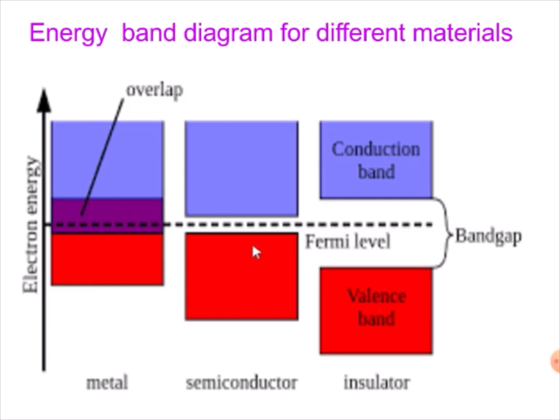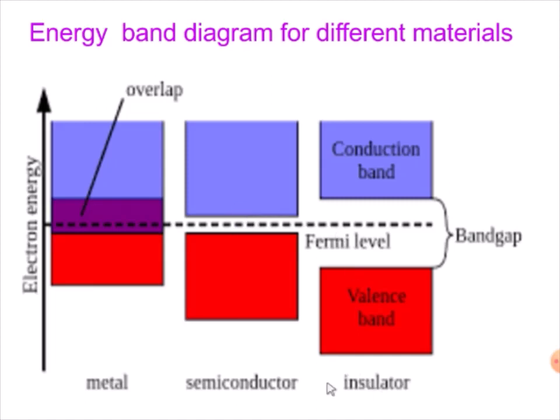Some electrons can jump that energy gap of around 0.7 eV in the case of germanium and 1.1 eV in the case of silicon, which can be achieved very easily from external sources. So this electron can jump above the Fermi level and reach the conduction band, and then conduction can be easily established.